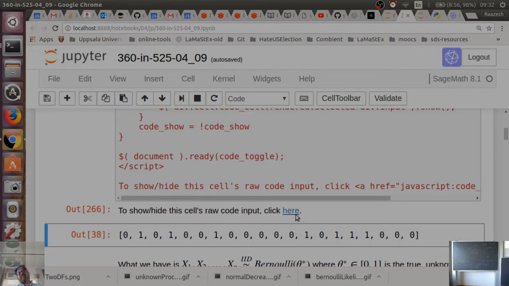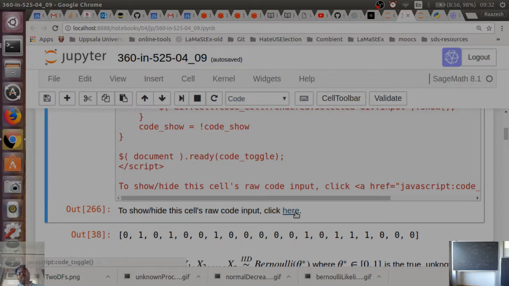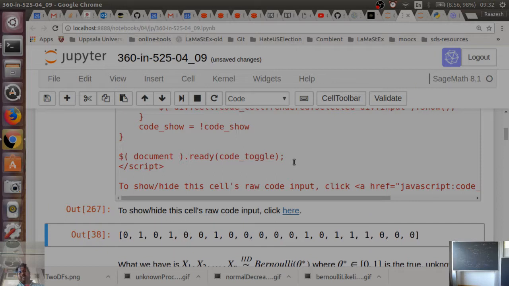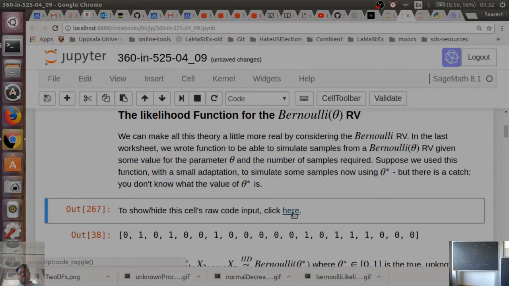There's a cell I want you to quickly evaluate, like this, and then try to close it. There. So I just evaluated it and hid it, so I don't get tempted. There is some parameter there for the Bernoulli theta. I'm going to pretend I don't know this parameter. I've simulated it and it's hidden from me. Now I'm going to take the samples and estimate it.